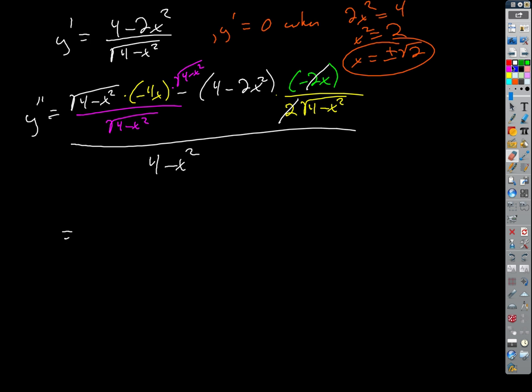From this first term, square root times square root undoes the square root. So I've got my minus 4x times the quantity 4 minus x squared. Now we've got our minus all this stuff.